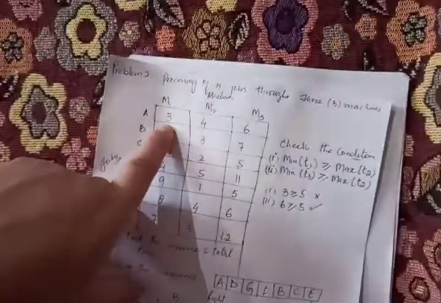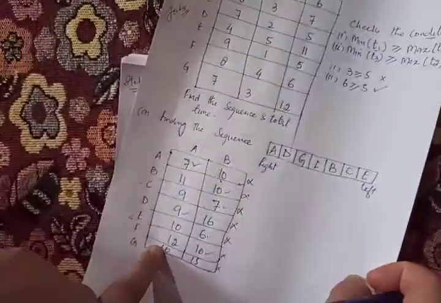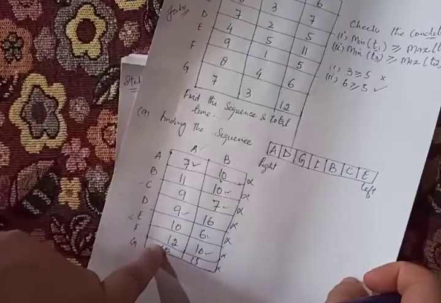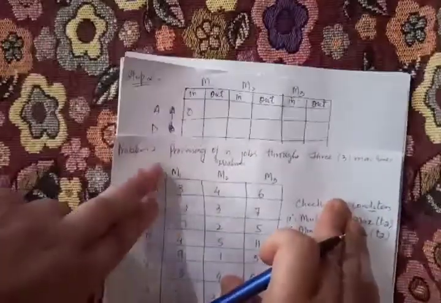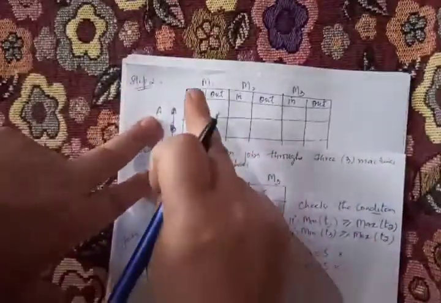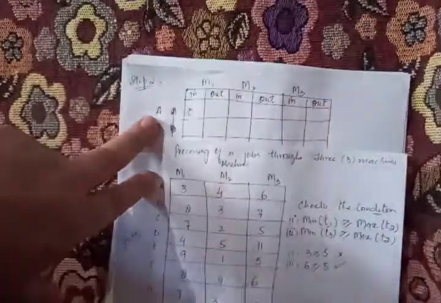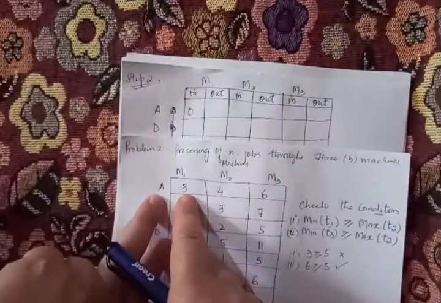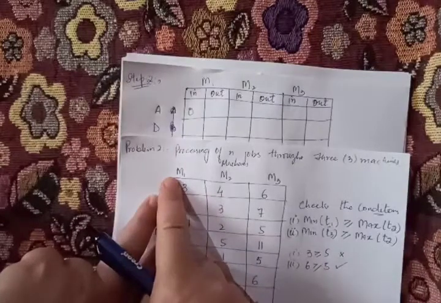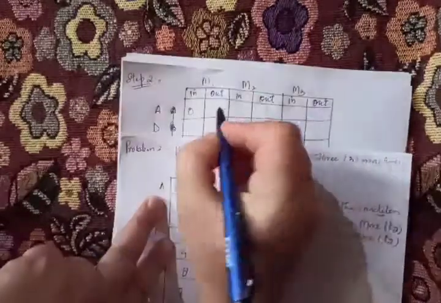So from here we know that job number A would take, now this we don't have to take into consideration, this is only for finding the sequence, forget about this now. Now see, we have to execute job number A on the first machine, on the second machine, and on the third machine, and we know job number A would take 3 hours of processing in order to get executed on machine 1.